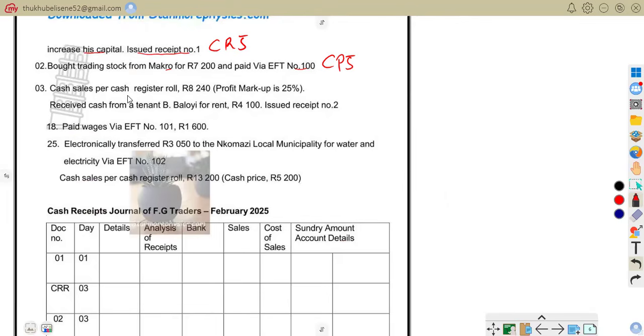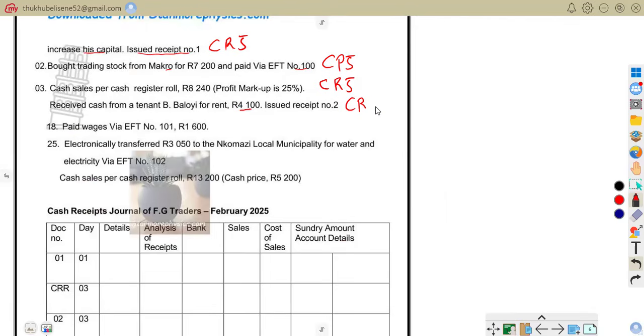Here, cash sales per cash register roll 8,240, and the profit markup is 25%. So here we can see that this affects our cash receipts journal, CRJ. It also, on the same day, received cash from B Balui, rent for 4,000, issued receipt number 2.